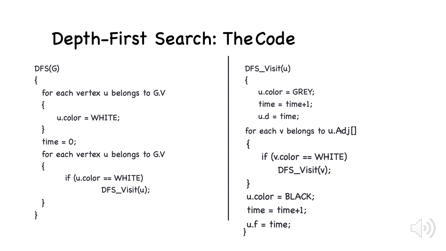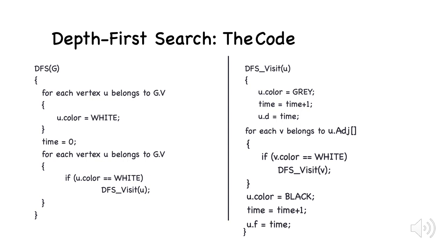The explanation is over. So the code is very simple. When you get into a white colored node, it is made gray, the time is incremented, and the arriving time is put as u.d. Then you go through all the adjacent nodes from that particular node one by one. The whole traversal is done depthwise.